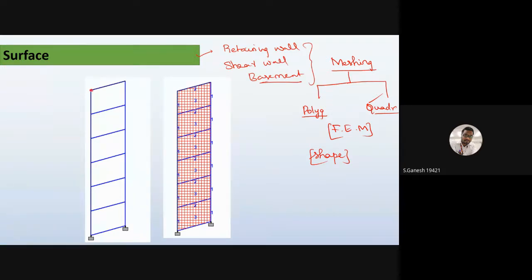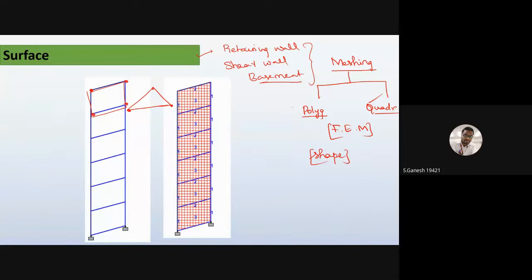I have 4 nodes here, 1, 2, 3, 4, so I can draw a quadrilateral plate. But if I have a triangular plate like this, how many nodes are there? 1, 2, 3. So I will not go for quadrilateral, I'll go for polygonal. This is the difference between polygonal and quadrilateral, right? The meshing will be done for these cases.